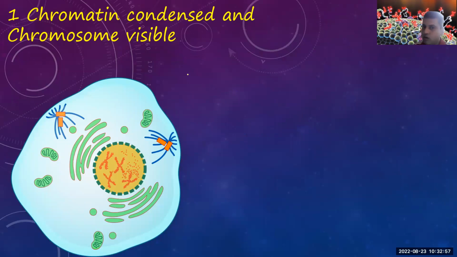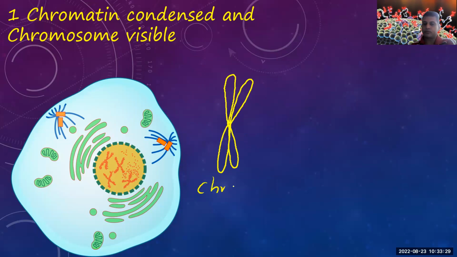But let's see how this happened. We understand like this, right? So if we want to draw a chromosome, we draw a chromosome like this. So this is the appearance of a chromosome. Then we write, okay, this is the chromosome. And where is the DNA now?